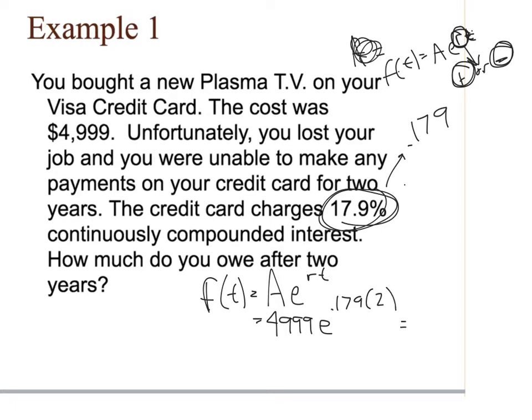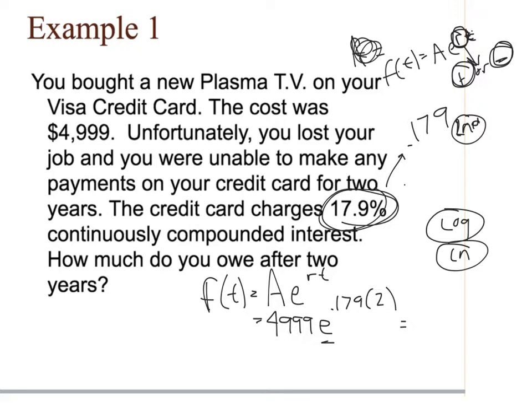If we type this in on your calculator, we have this log button, and then we have ln. To do e to a power, you have to hit the second button, which is up at the top on this side, and then hit the ln button. So you hit second ln to get e to a power.